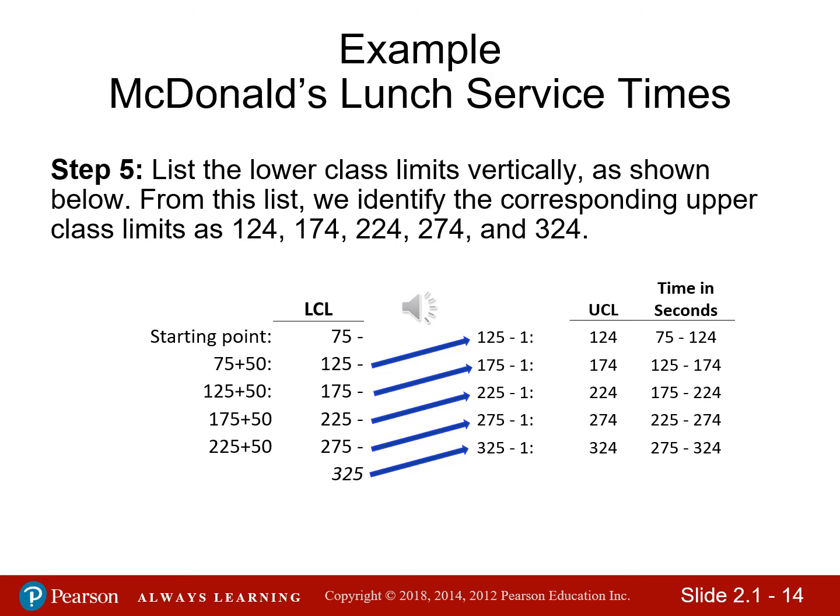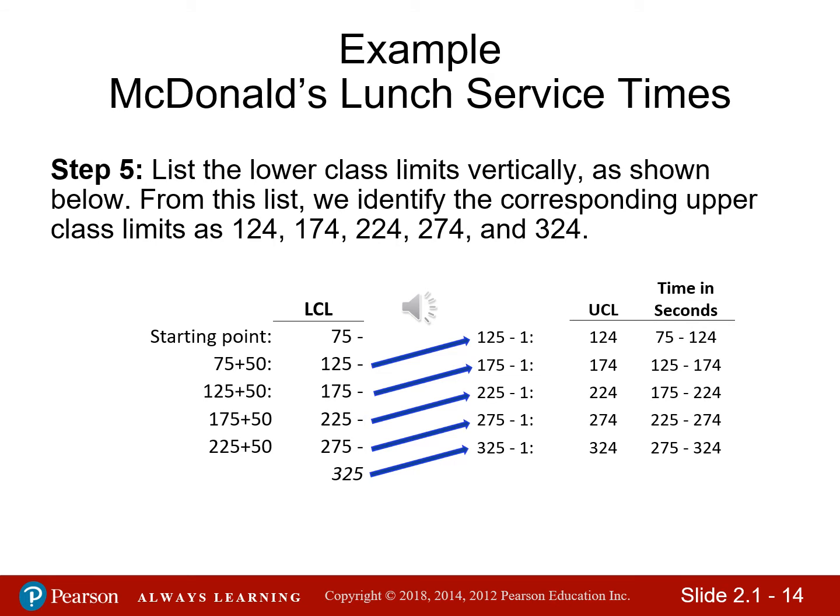Now to get our second upper class limit, we start with our third lower class limit, which is 175, and we subtract 1 from 175, and that gives us 174. The 174 is our second upper class limit, and we continue this process for all of the classes. And for our last upper class limit, since we don't have a sixth class for this example, we would go ahead and calculate what that class would be if we were to have a sixth class.